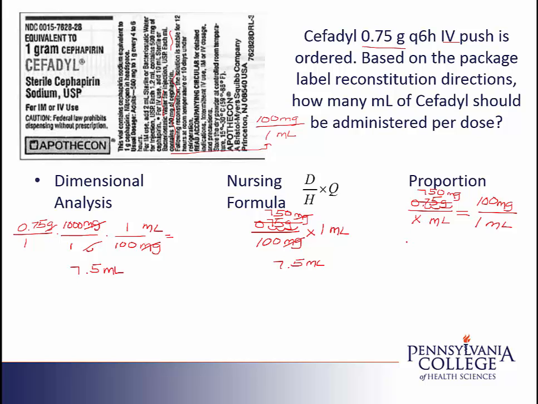My first diagonal, 750 times 1, is 750. My second diagonal is x times 100, and we usually write that 100x. Divide both sides by 100, and that gives us x is equal to 7.5. And our label on that is milliliters, as it was in our original proportion.